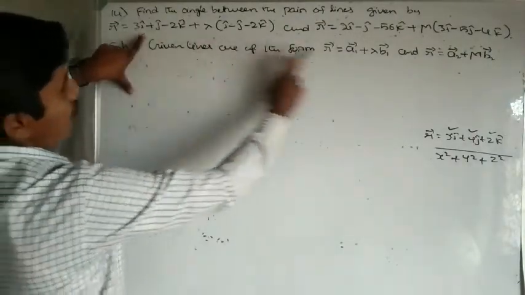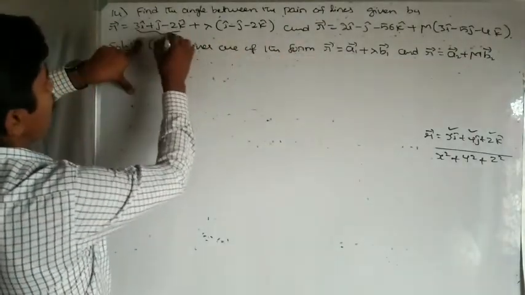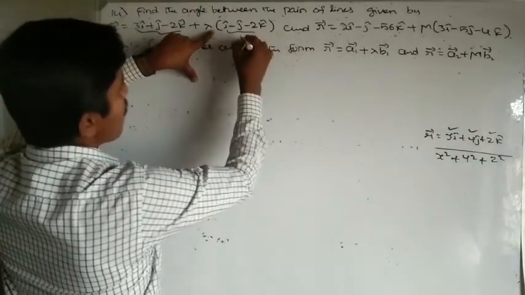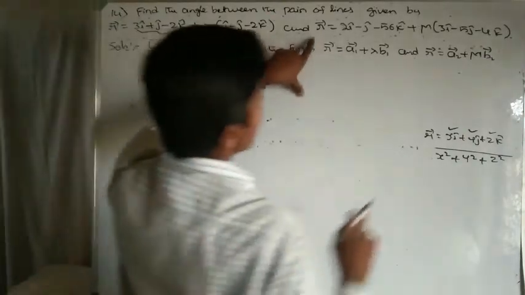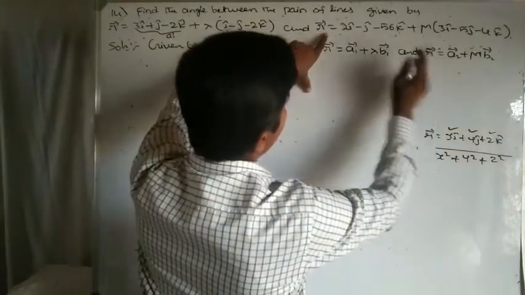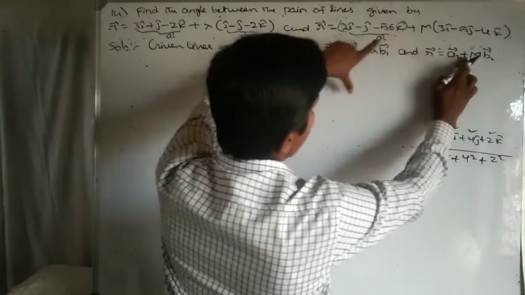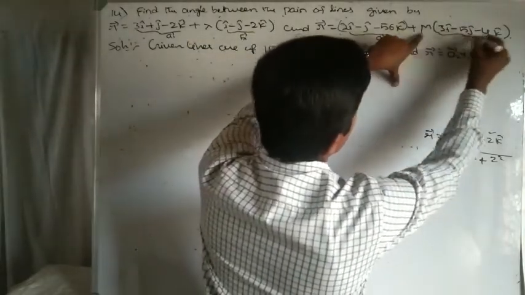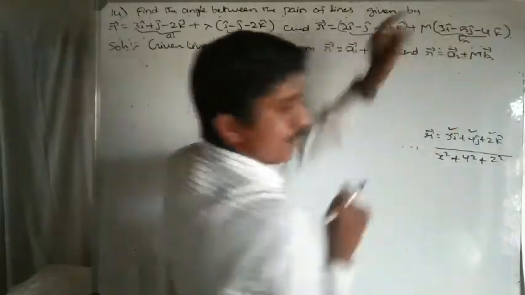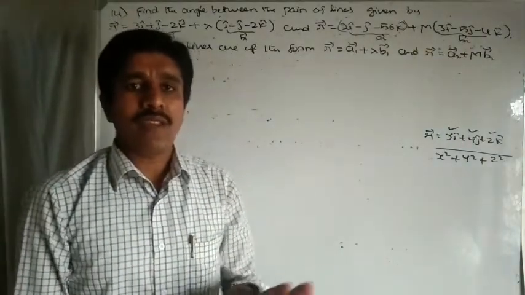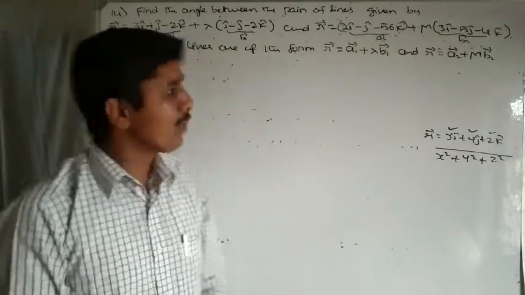First one, vector r equal to vector a1 plus lambda vector b1, and second one, vector r equal to vector a2 plus mu vector b2. This is the vector form. We are going to find the angle between two lines. Therefore, write first vector b1 and vector b2.